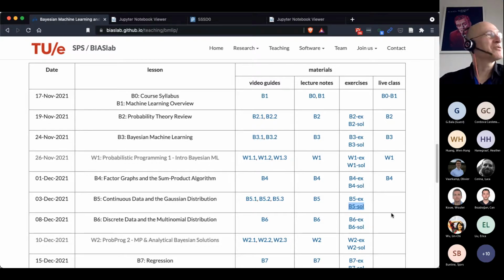So you can go to last year's class for when we did the Gaussian distribution, and it's just 16 minutes because there actually were also no questions. And it's interesting that we see that pattern repeated.